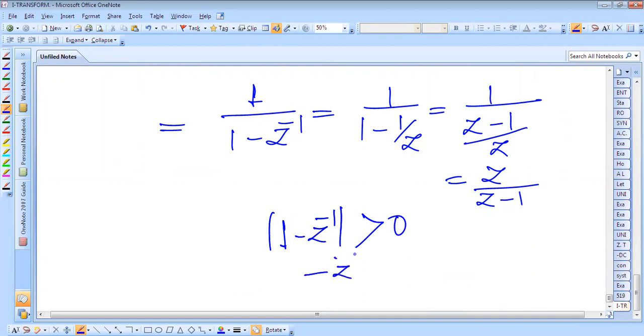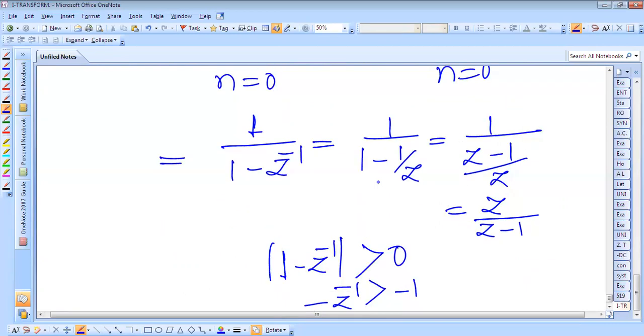Therefore, minus z raised to power minus 1 is greater than minus 1. Here the ROC is the magnitude of z greater than 1.